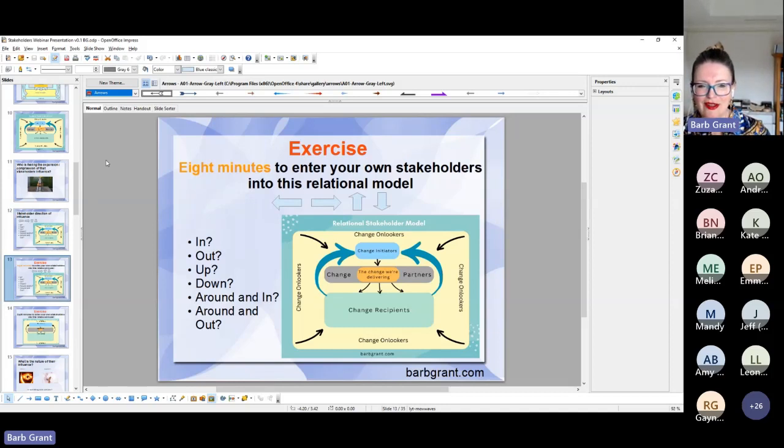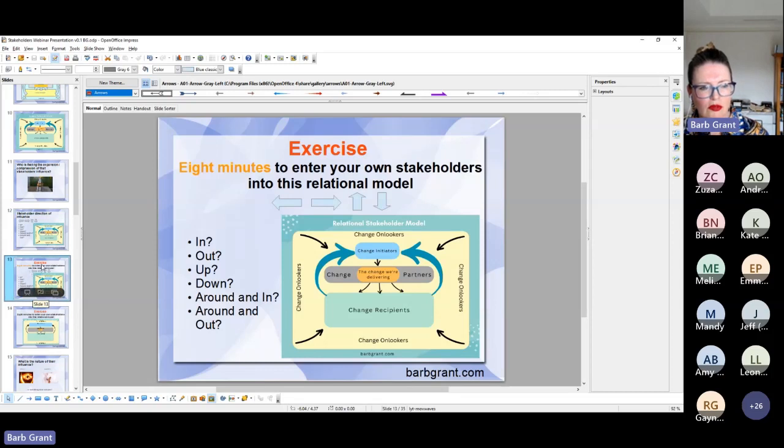But what I'd like you to do is grab your relational model and just have a go at plotting out your stakeholders in terms of where they sit. So you see, I gave you in that freebie, there's 2 pages.